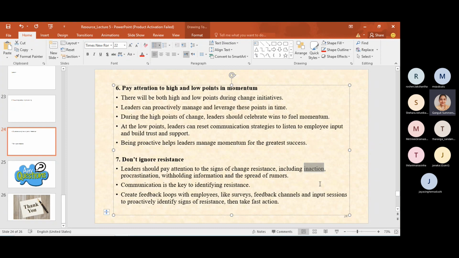If you see that your employees are not doing their job properly, that is inaction. Inaction means being inactive. Procrastination means postponing. Procrastination means when you postpone your stuff. I don't feel like doing this today, so I'll do it tomorrow.